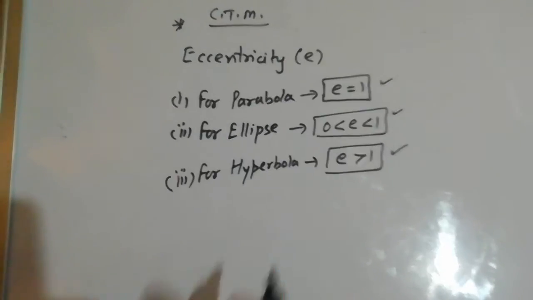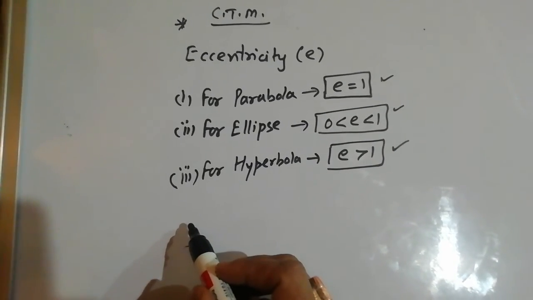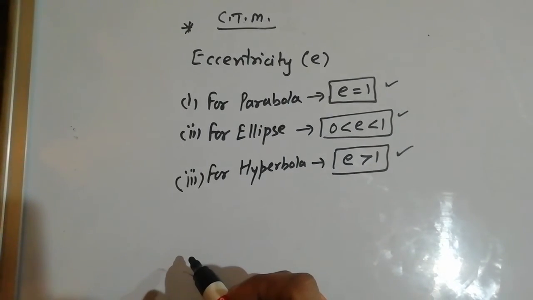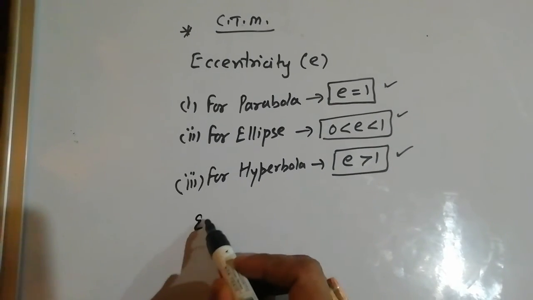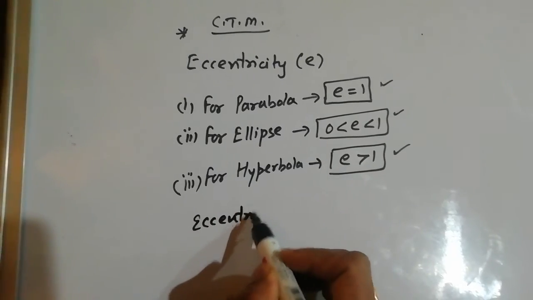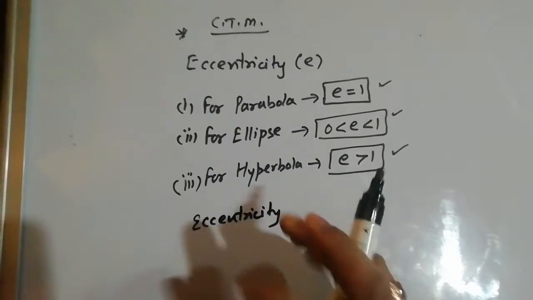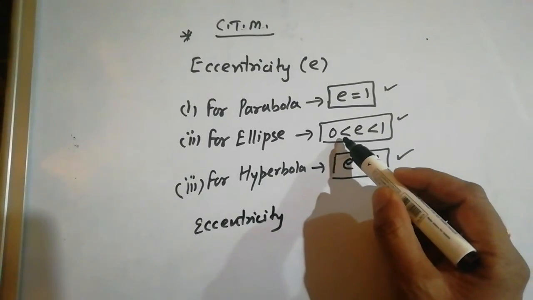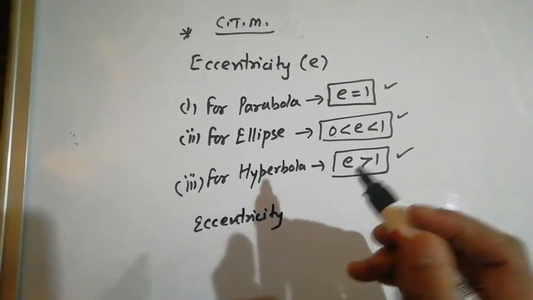And always remember, if in an exam they ask what the eccentricity of earth is, because our earth is of elliptical shape, the eccentricity of earth always lies between 0 and 1.